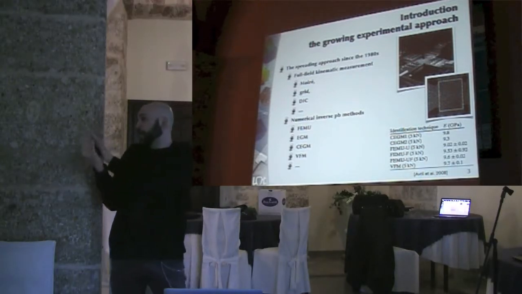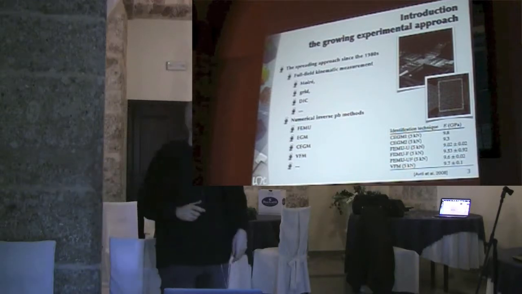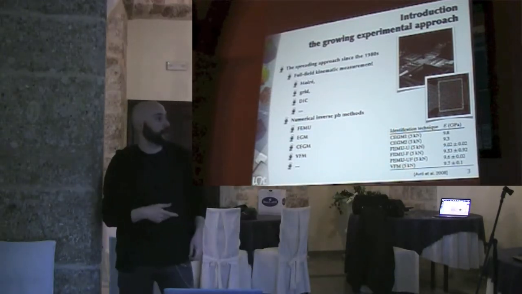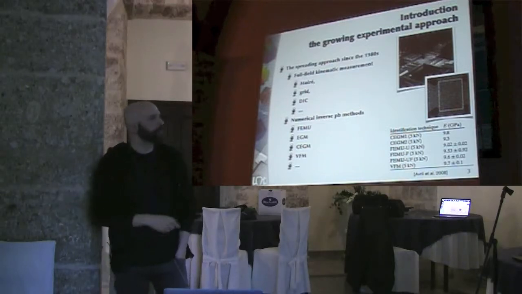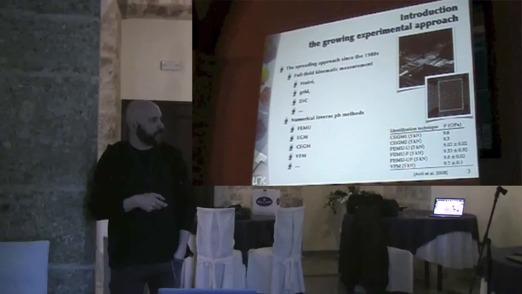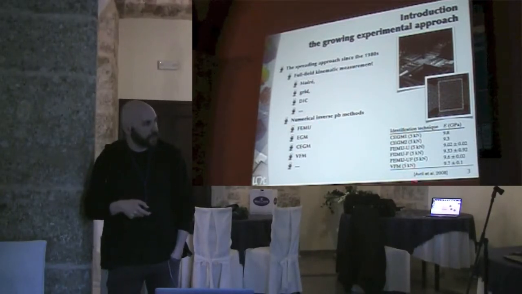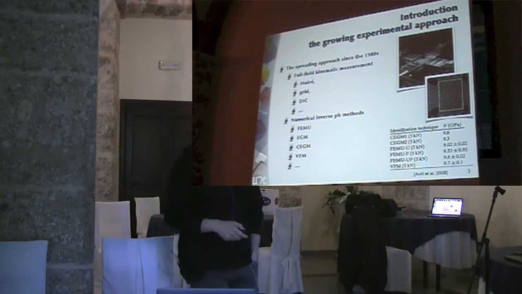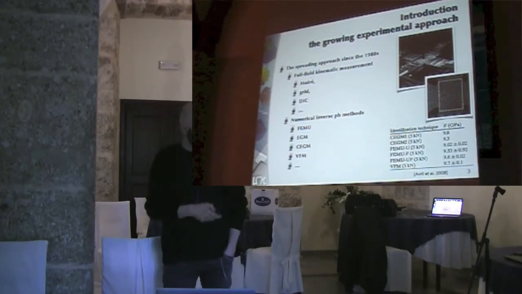And so if the convergence is good, you can guess that your material parameters of your finite element model are okay. You've got a very interesting review of all this identification method in this paper of Avril et al. in 2008, if you are interested in that.